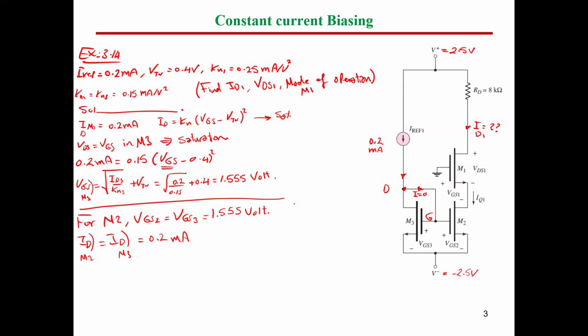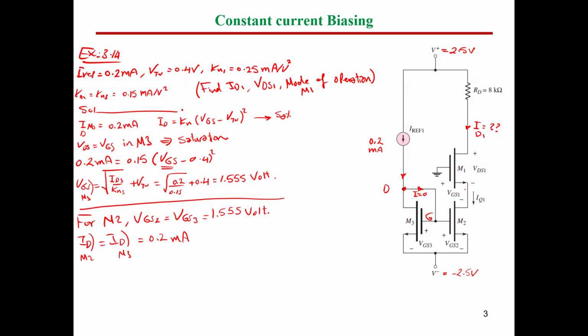So these are the requirements here in this question. So for the time being, we got the value of ID1. Now we need to get the VDS1 and identify the mode of operation.